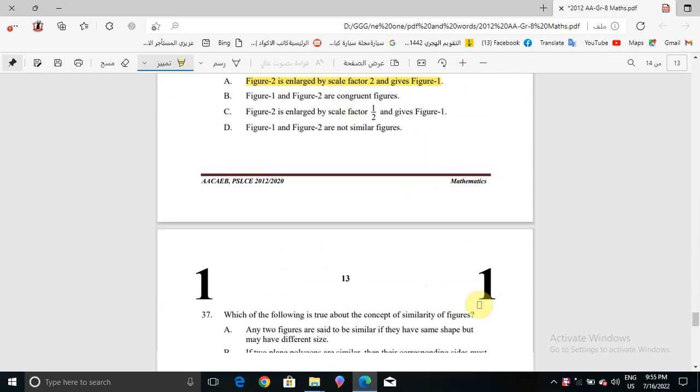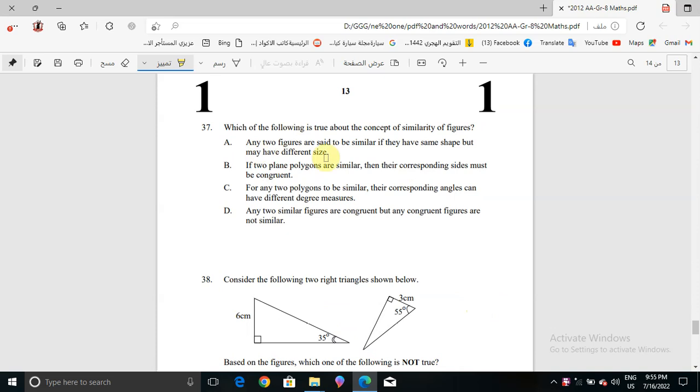Now let's go for question number 37. In this question, what is it asking? Which of the following is true about the concept of similarity of figures? Any two figures are said to be similar if they have the same shape but may have different size, or if two plane polygons are similar, then their corresponding sides must be congruent, or for any two polygons to be similar, their corresponding angles can have different degree measures, or any two similar figures are congruent but any congruent figures are not similar.